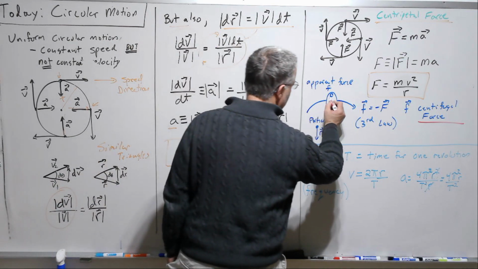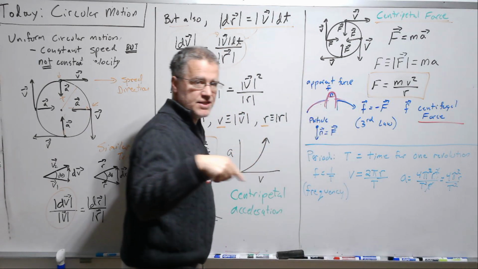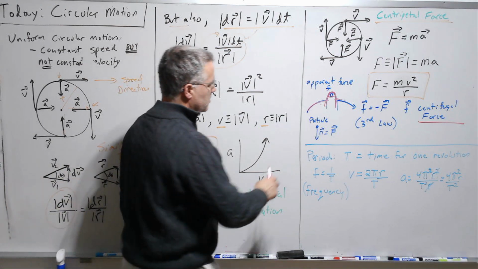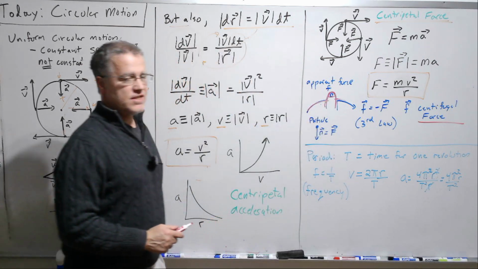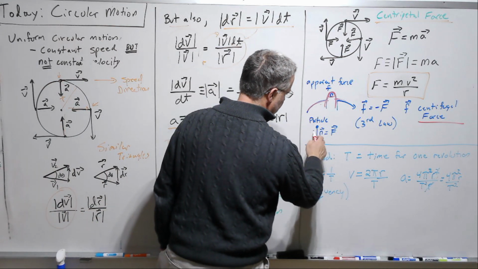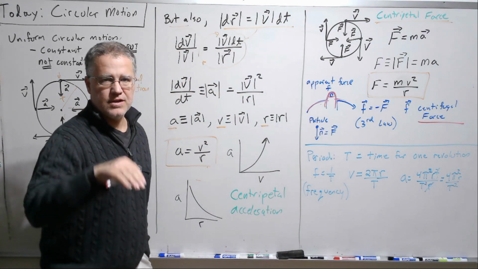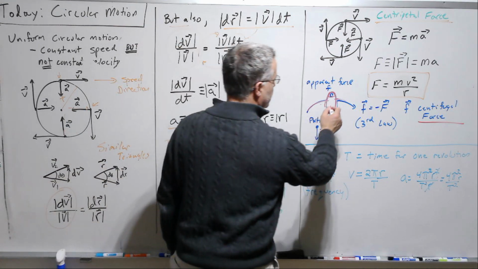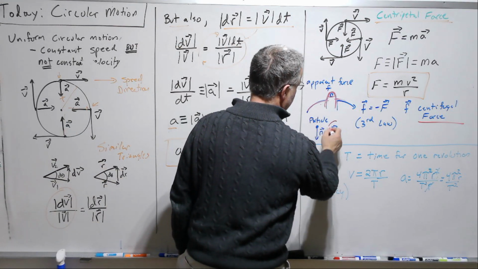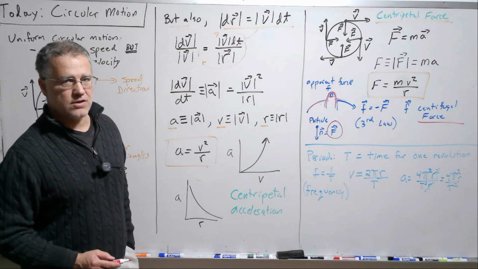So let's imagine a little particle in a test tube. This is a test tube here, and it's being spun in a centrifuge. And this particle is up against the edge of the test tube. Well, the test tube is exerting a normal force on the particle and causing it to move inward. And so this is exerting the centripetal force on that particle.